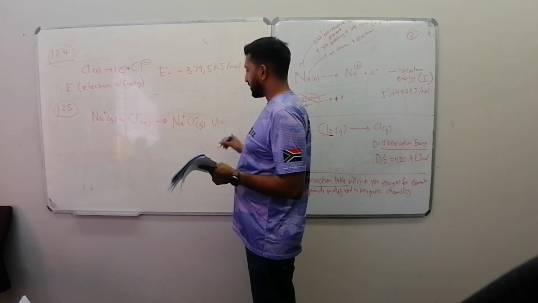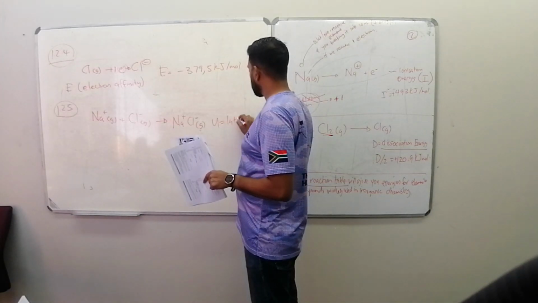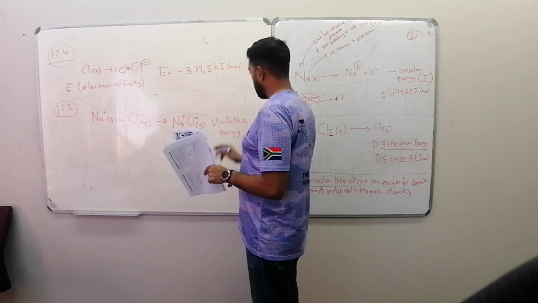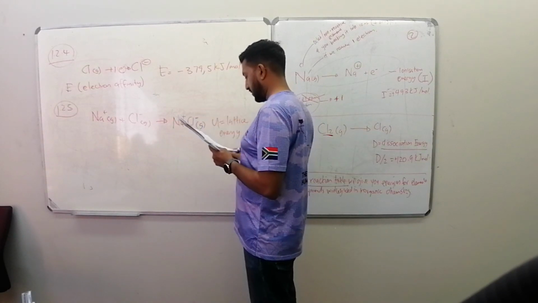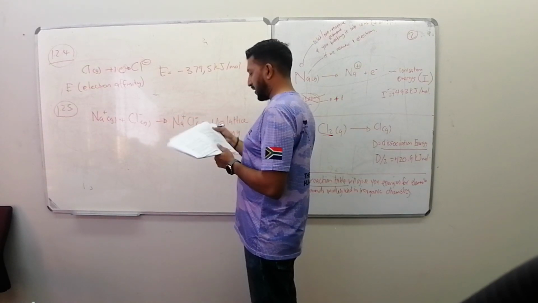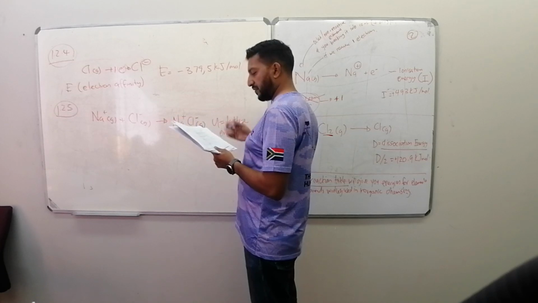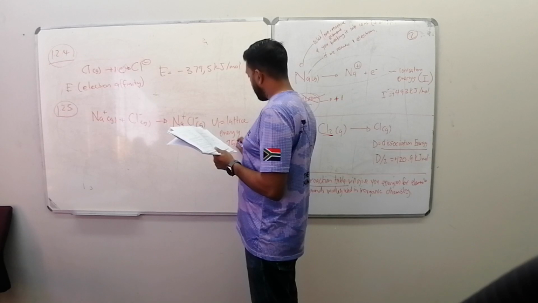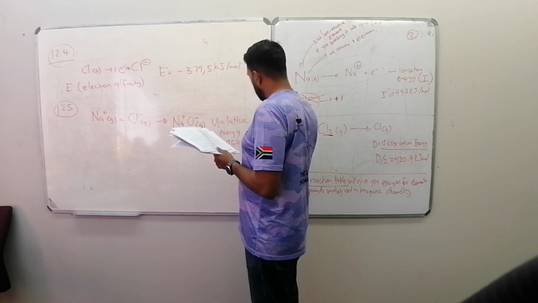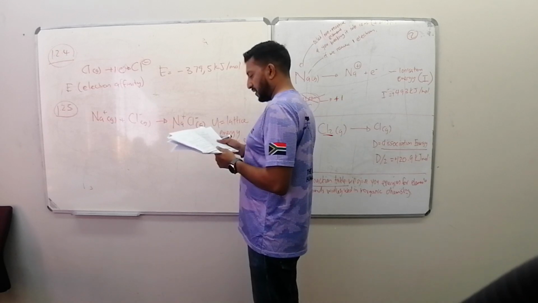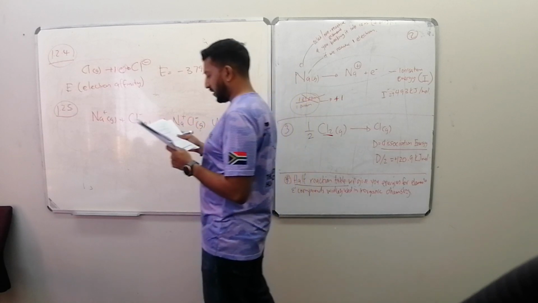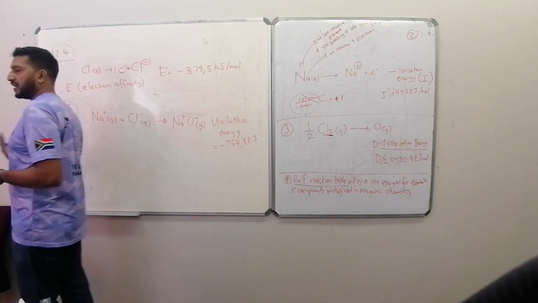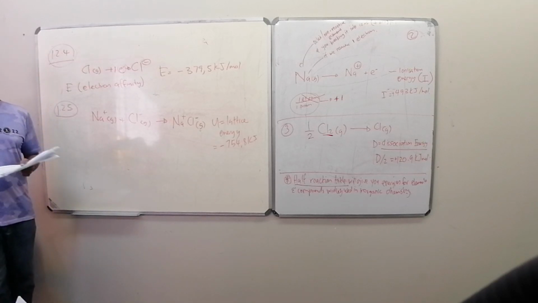U is your lattice energy. You can see it's quite a big amount of energy compared to everything else there. It is minus 754.8 kilojoules.